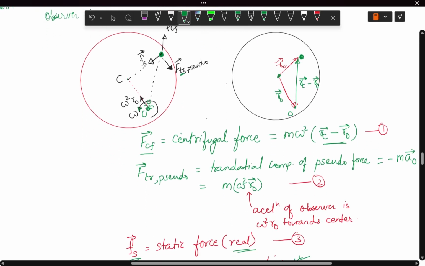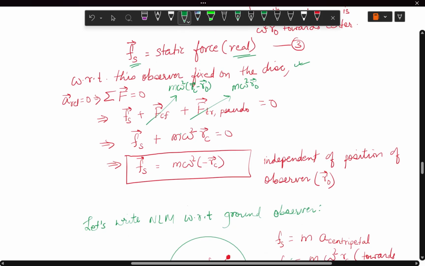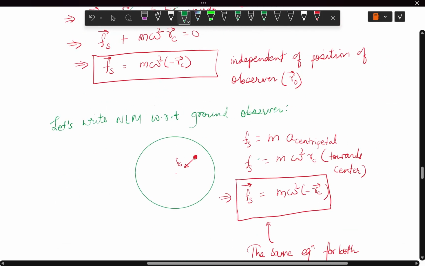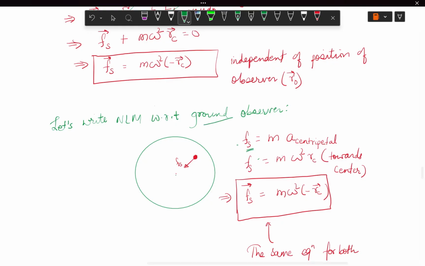And this equation will be exactly the same as that observed by the ground observer. The ground observer writes that static friction is equal to mass times the centripetal acceleration, and the centripetal acceleration is omega square into RC towards the center. So Fs vector is m omega square into minus RC vector, because RC vector is this one.